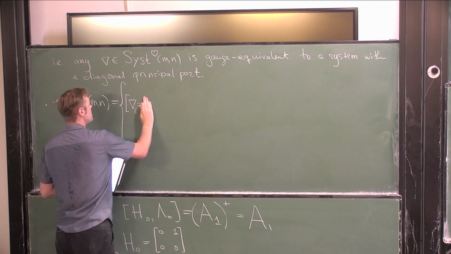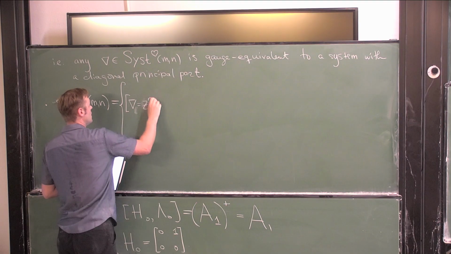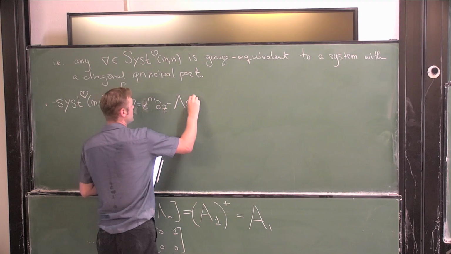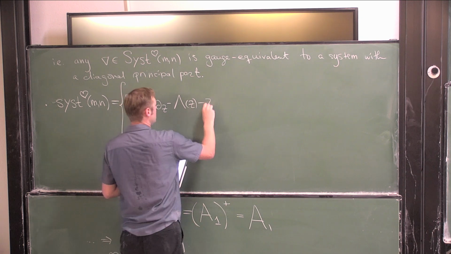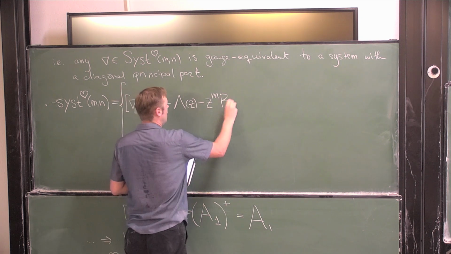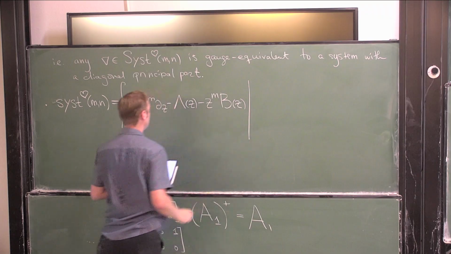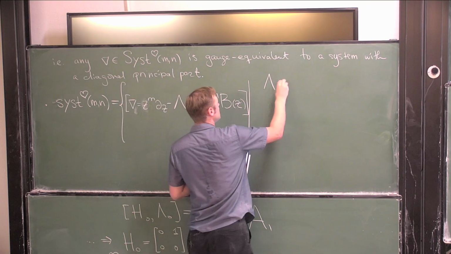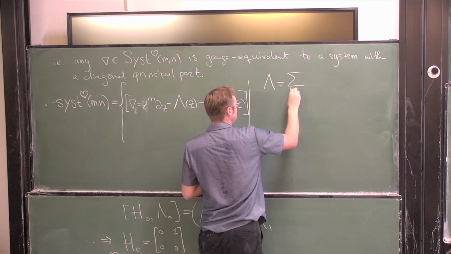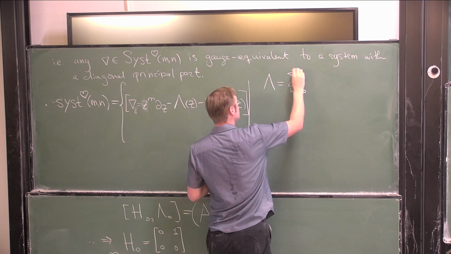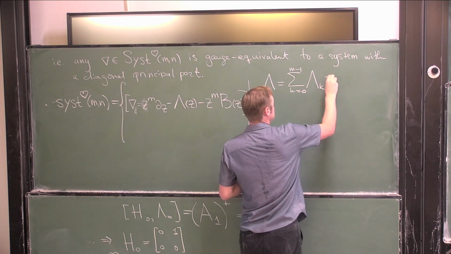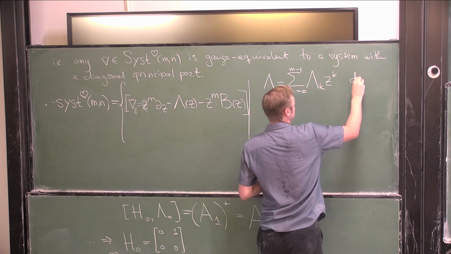It's basically parametrized by such systems where we have a diagonal principal part and then junk. Just to be specific, lambda is a polynomial of degree m minus 1 in z to the k, and it's diagonal.